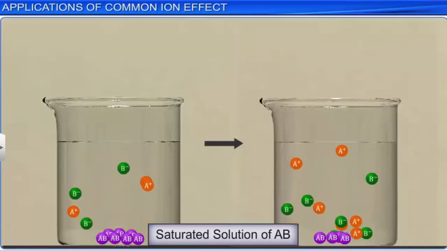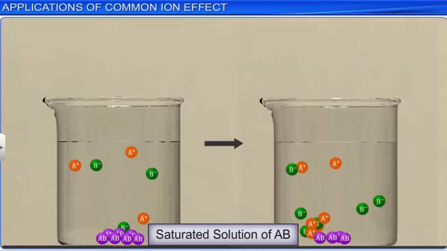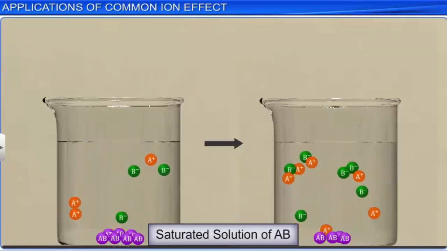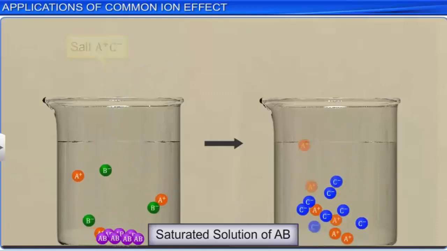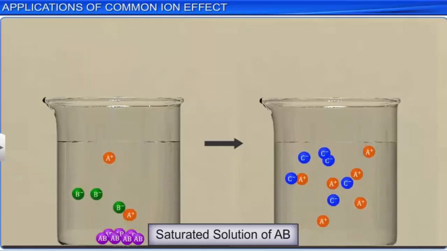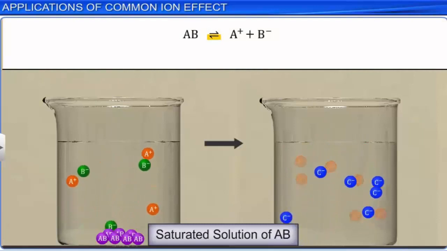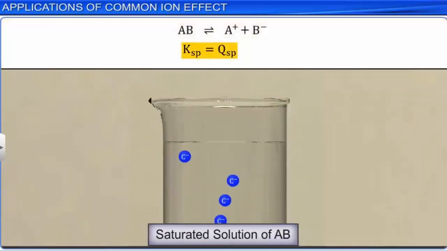On the other hand, if the concentration of any one of the ions is increased by adding an electrolyte, then the equilibrium shifts towards the left according to the Le Chatelier's principle till Ksp becomes equal to Qsp.